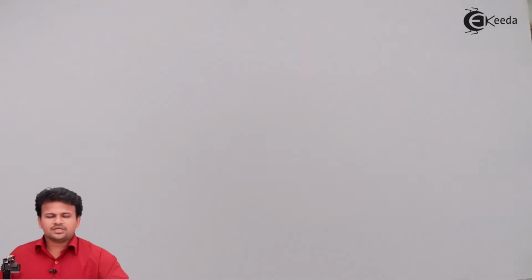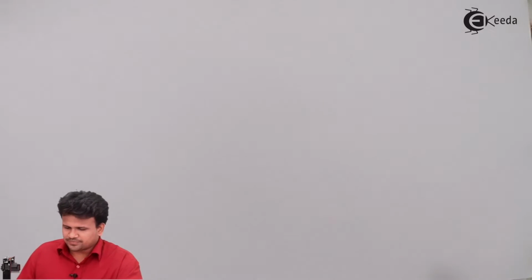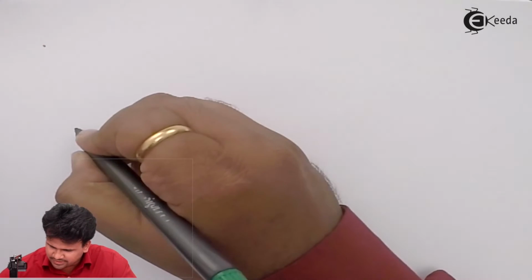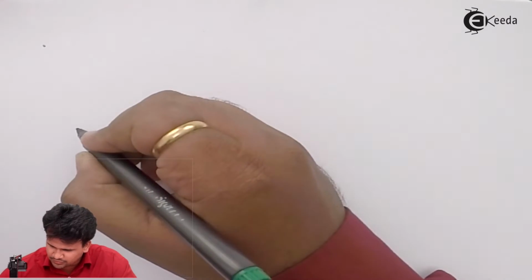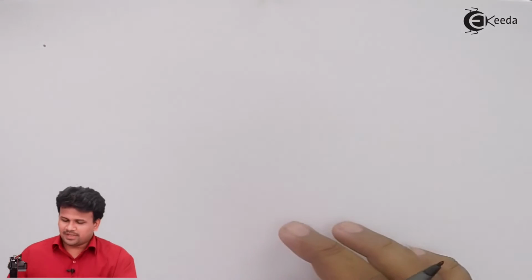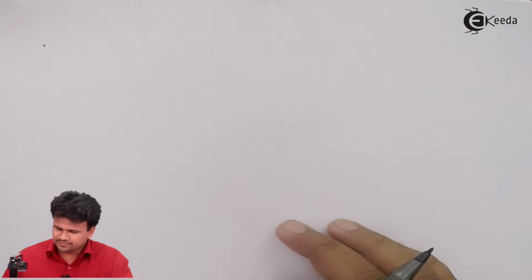Now to calculate discharge, first we need to see Bernoulli's equation. Before applying Bernoulli's equation, note that the Venturi meter is inclined. So over here, let us draw an inclined Venturi meter.